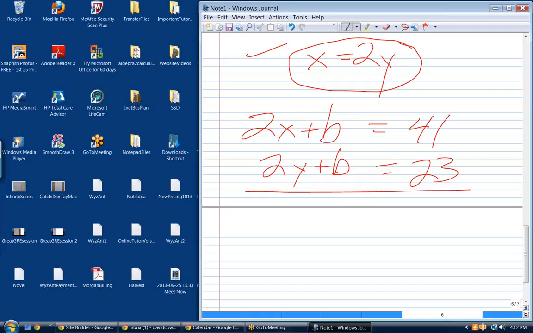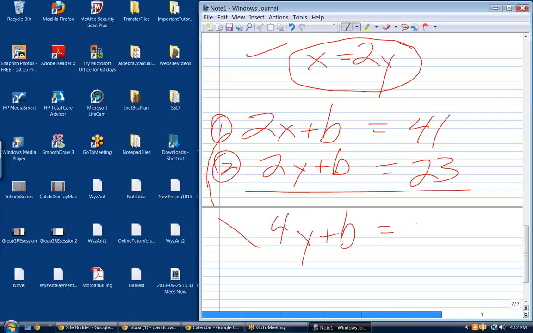So we'll use substitution for this one. Wherever I have x, I'm going to substitute 2y. So let's rewrite equation number 1: 4y plus b is equal to 41.